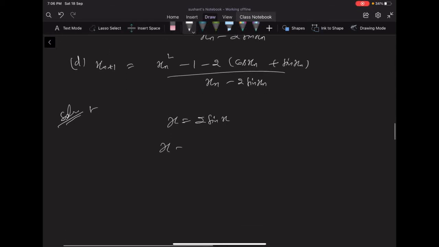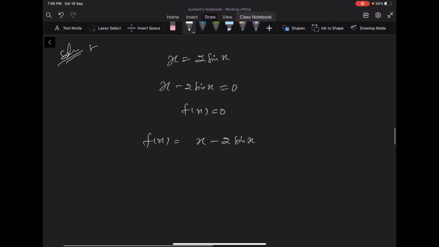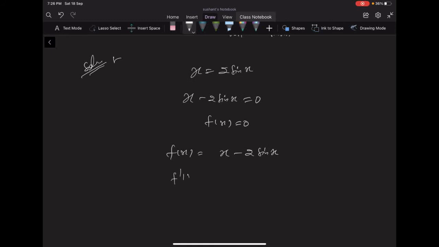So x minus 2 sin x is equal to 0. f(x) equals 0, where f(x) is x minus 2 sin x. So f'(x) is equal to 1 minus 2 cos x.